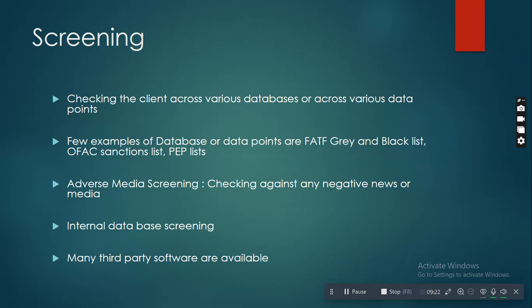We do name list screening to find out who that person is. We take the data and feed it into the software, and the software gives us the results for that name. This is the screening phase, in which we check the client or the entity against the lists that are present.